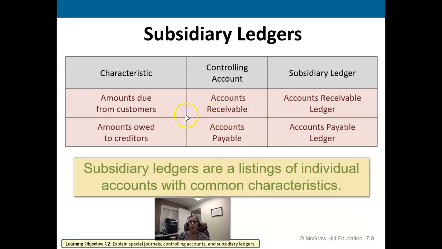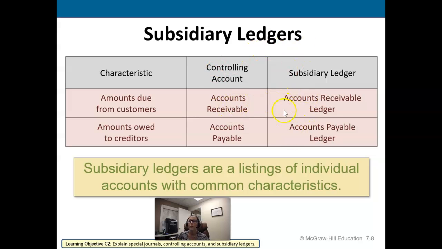The most common ledgers you're likely to see are accounts receivable ledgers and accounts payable ledgers. We could have an accounts receivable journal that talks about all the accounts receivable transactions, but that's not going to give us any comprehensive snapshot view of any specific customer because it's going to be chronological as opposed to by customer.